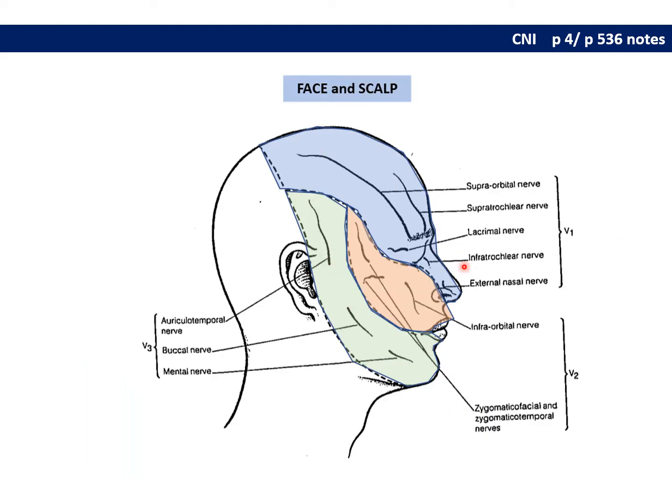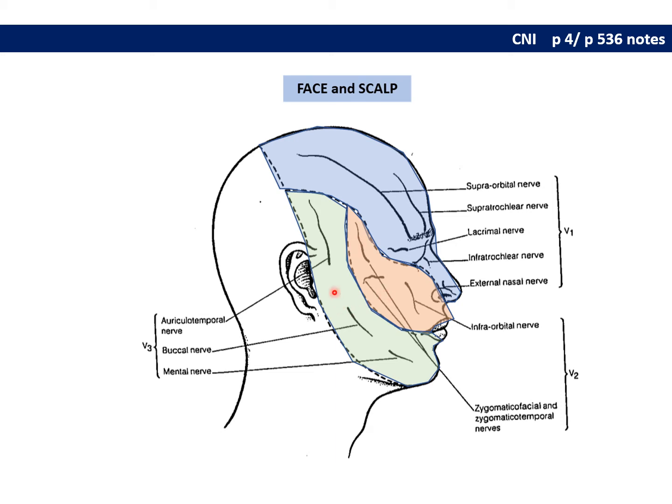So here again are those branches on the anterior face where V1 has the supraorbital and supratrochlear as well as the lacrimal and infratrochlear nerves and external nasal nerve that are branches off the ophthalmic division of the trigeminal. In V2, the infraorbital is shown here, but zygomaticofacial and zygomaticotemporal are also branches of V2.